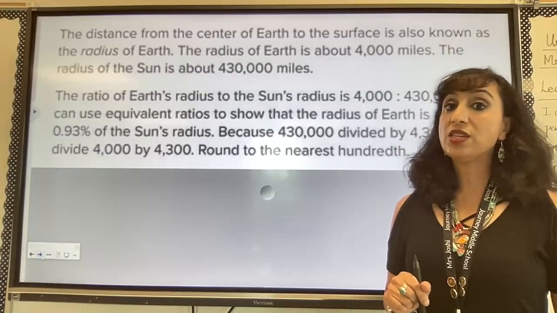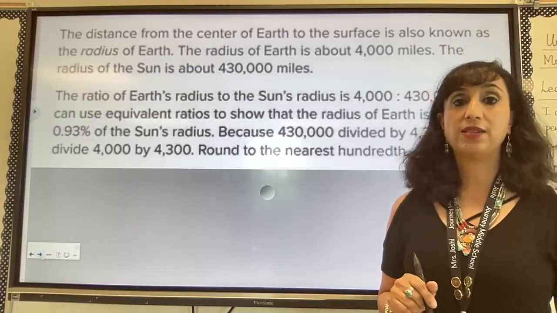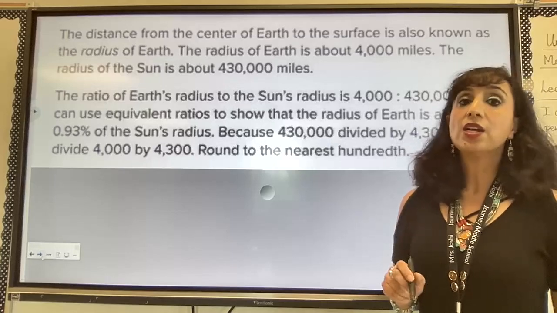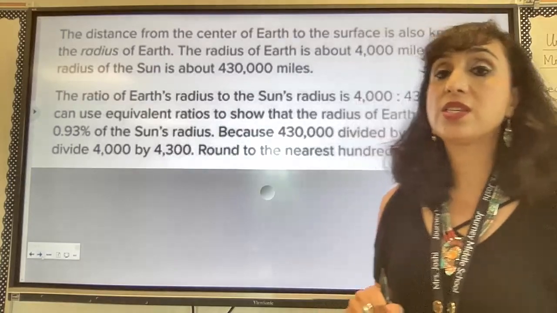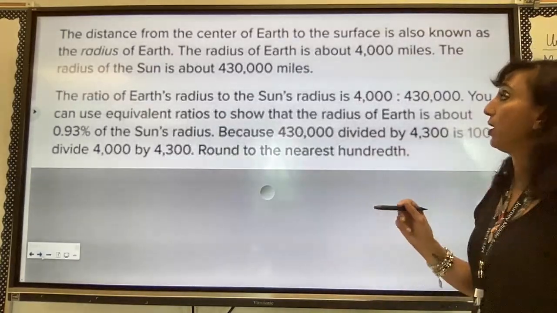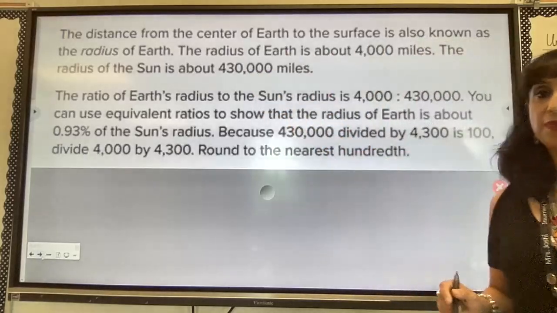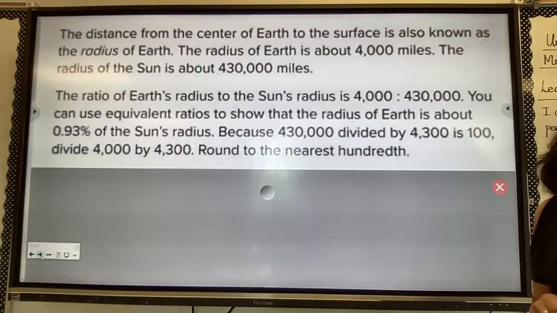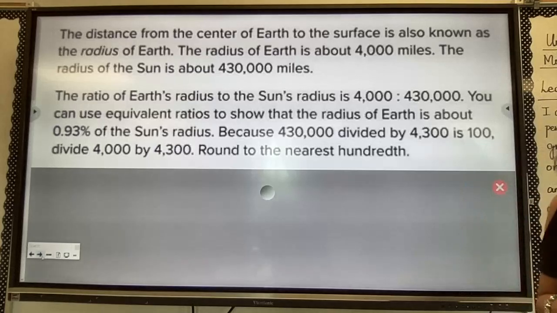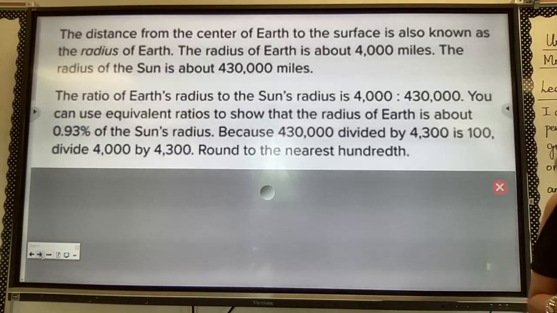The radius of the sun is about 430,000 miles. Okay? So the ratio of Earth's radius to the sun's radius is what? 4,000 to 430,000. Okay? And we can use equivalent ratios to show that the radius of Earth is about 9300% of the sun's radius.